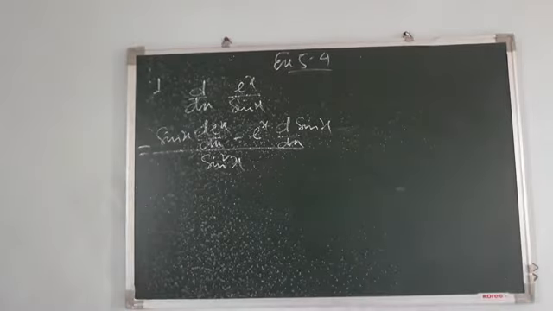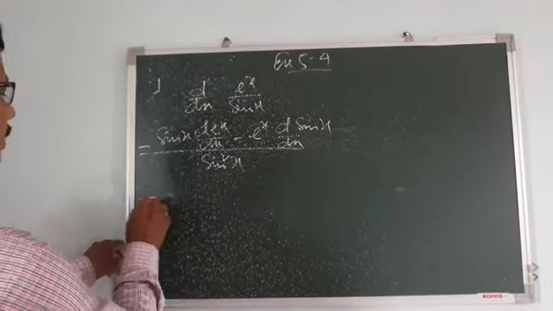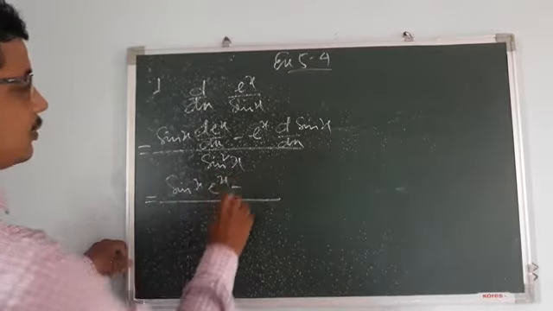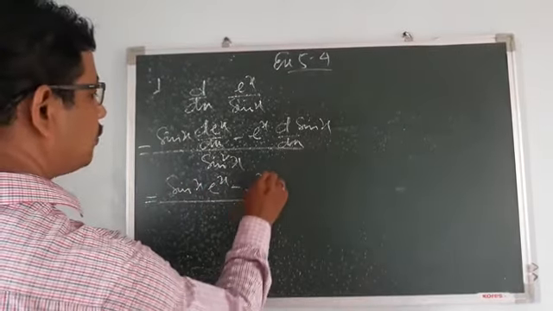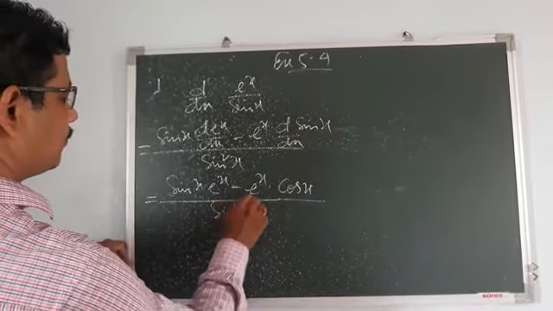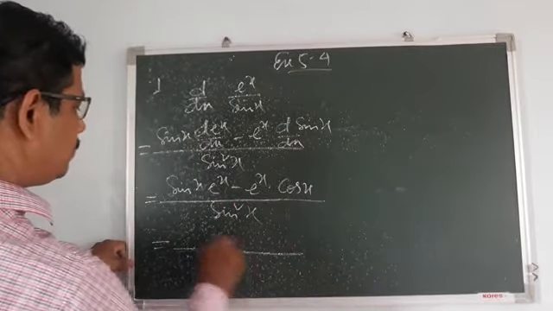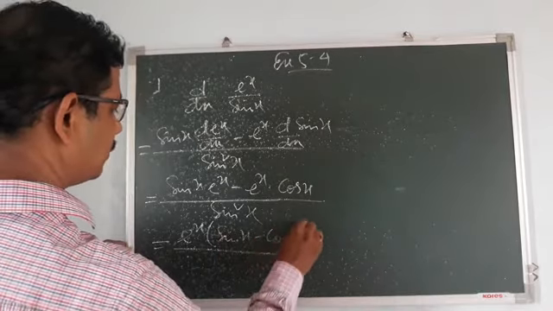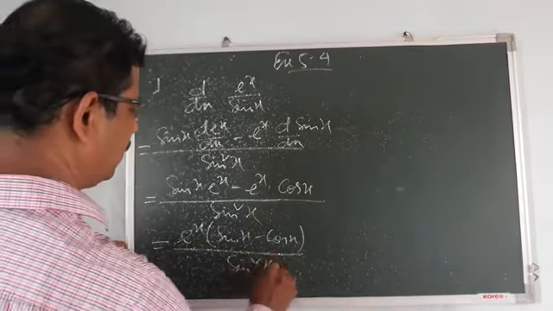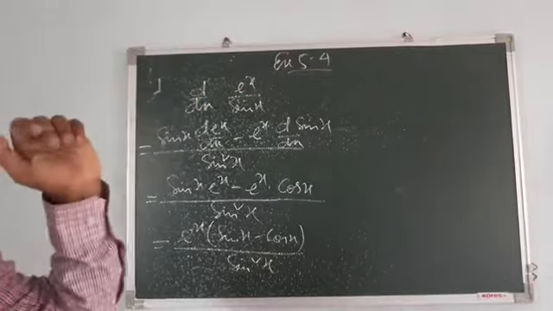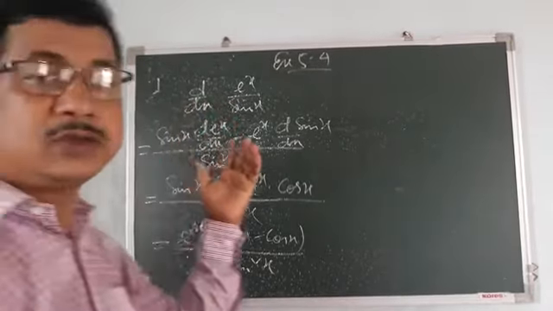And then differentiation of e to the power x, it is what? E to the power x. Differentiation of sin x, it is what? Cos x. Now if we take e to the power x common, it is sin x minus cos x by sin square x. Here we have written e to the power x by sin x in the form u by v.